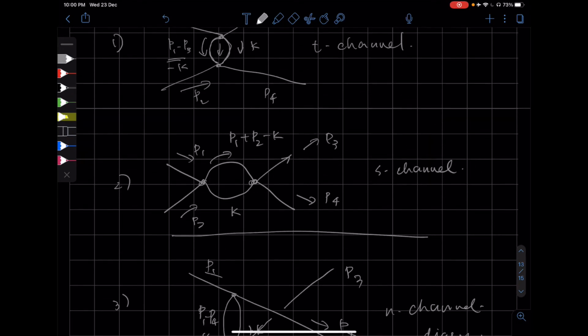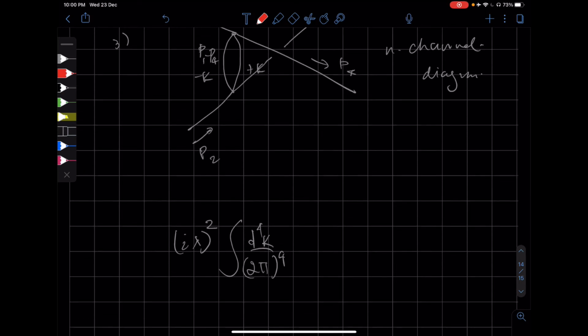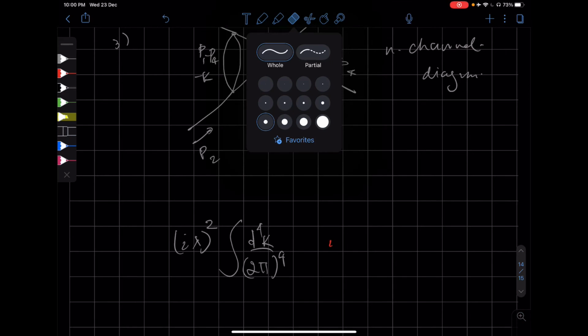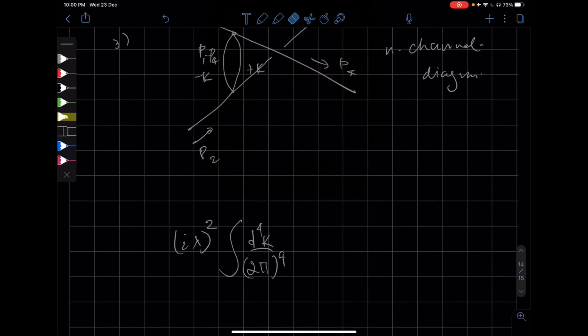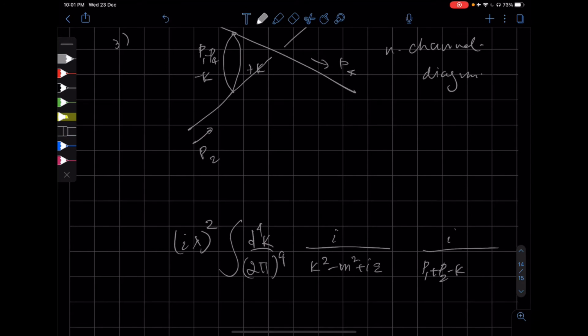And then we see that there are two internal propagators, and these propagators are going to give me i divided by k squared minus m squared plus i epsilon, and i divided by (P1 plus P2 minus k) whole squared minus m squared plus i epsilon.